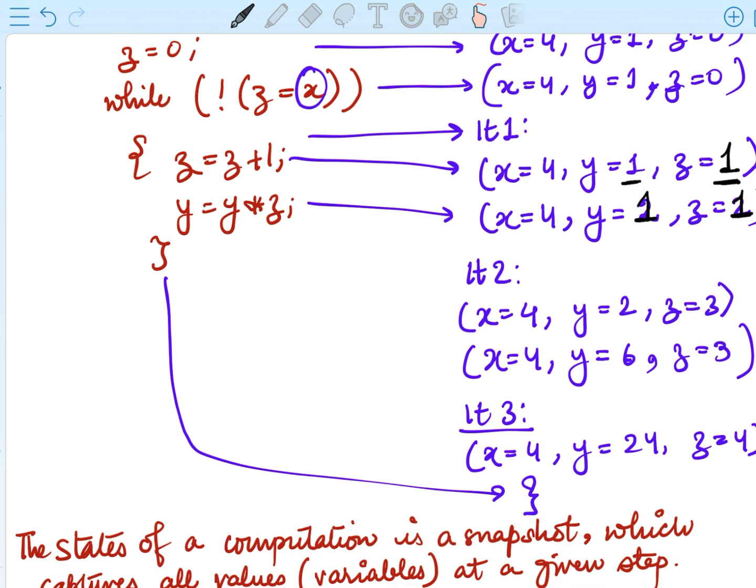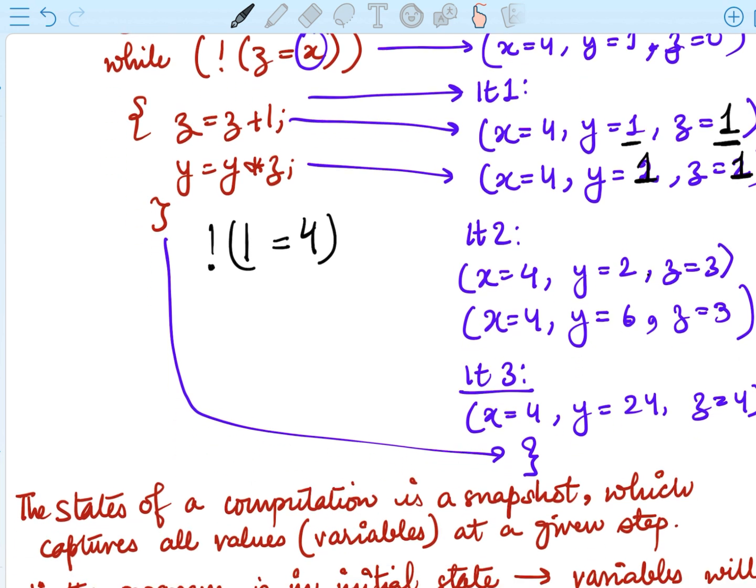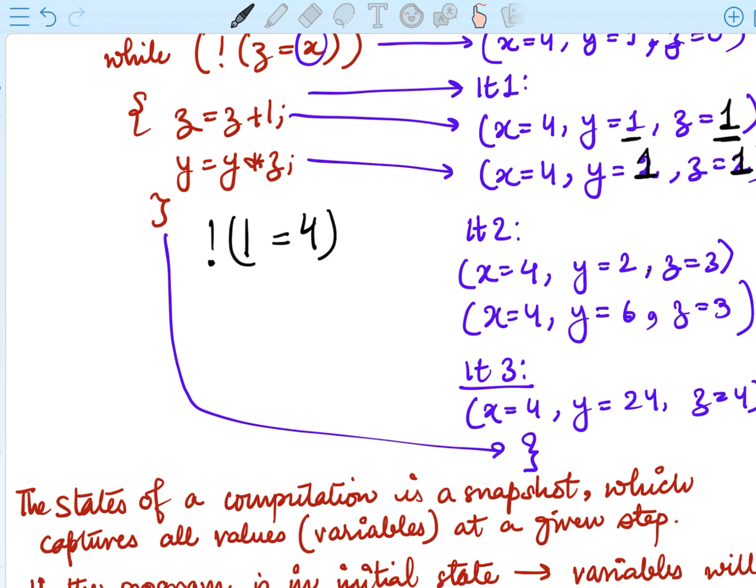Second iteration. Now the value of x is 4 and z equals 1, which is not equal, so we will go into the second iteration. X is user assumed and will help us go through the iterations. The number of times the iterations will happen will be dependent on x and z.